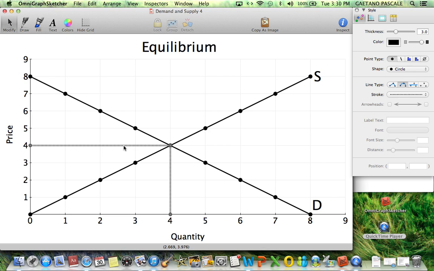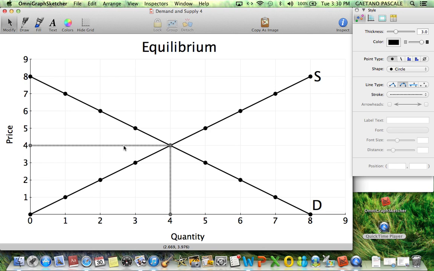So at that price, companies want to sell 4 units, and consumers want to buy 4 units. At that price, the market is cleared. So make sure you remember that an equilibrium occurs where the supply and demand curves intersect one another. That gives us our equilibrium price and our equilibrium quantity.